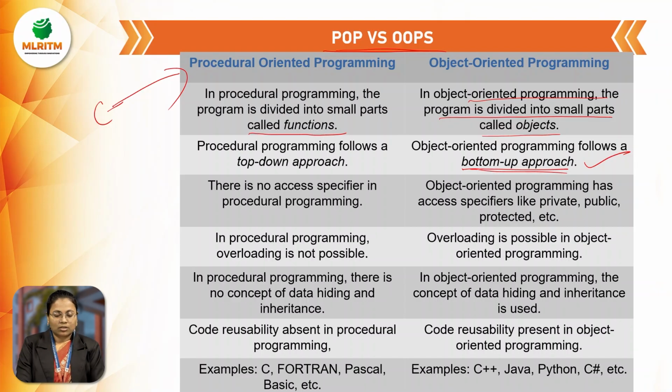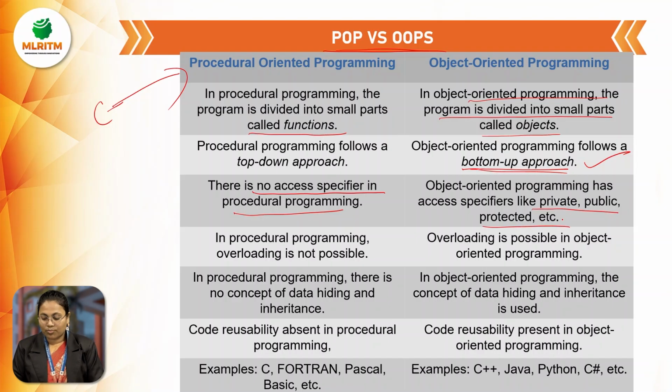Next, in procedure-oriented programming language, there are no access specifiers. The access specifier concept is not present. But in object-oriented programming language, we have the access specifier concept. So what are the access specifiers?